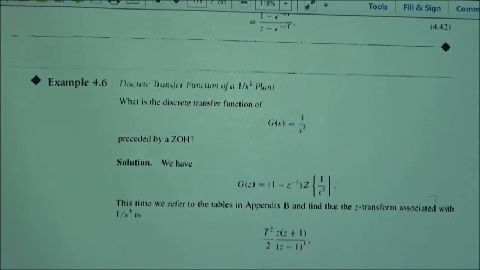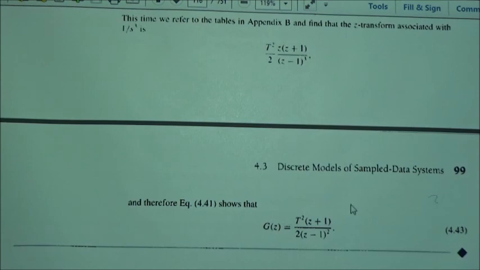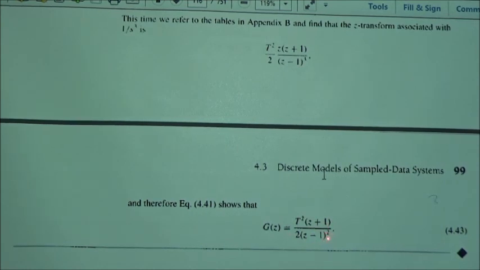Now, if you pre-multiply by the term (z minus 1) over z, you get T squared times (z plus 1) over 2 times (z minus 1) squared, because it cancels one of the z minus 1 factors. That z also disappeared because of the term sitting outside.